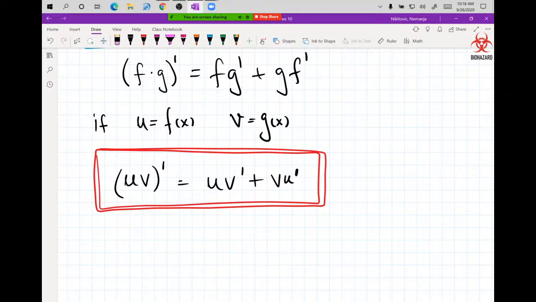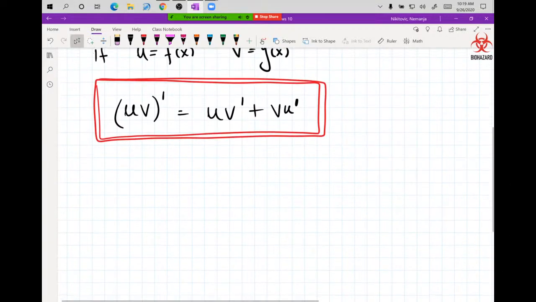Probably there is a song out there for this stuff, or you just write it 50 times like in the good old days when your first assignment was to write this formula 50 times and the quotient formula 50 times. That's the first homework, and then you go into calculation. Whatever, just know the formula because you will use this a lot in your calculus education, which means all of the courses that use calculus will have it, including your engineering and physics and all of that stuff.